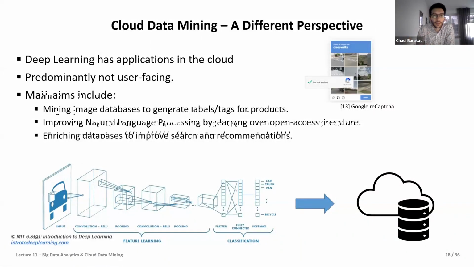Some of them also train on the entirety of Wikipedia, which is a very good resource in terms of English language. The legality of this is uncertain, but since Wikipedia is open source, it seems to be a gray area. With that in mind, you can see here at the bottom a basic implementation of what a convolutional neural network looks like. This is something that we will talk about in the next couple of slides.